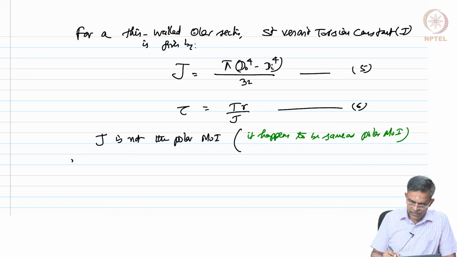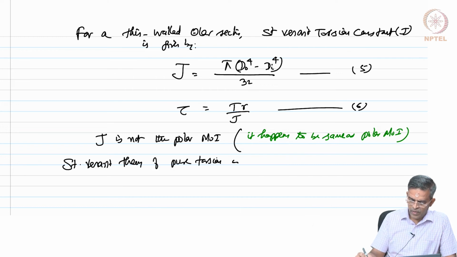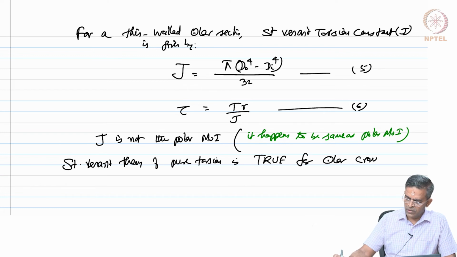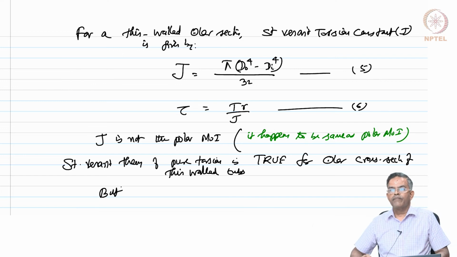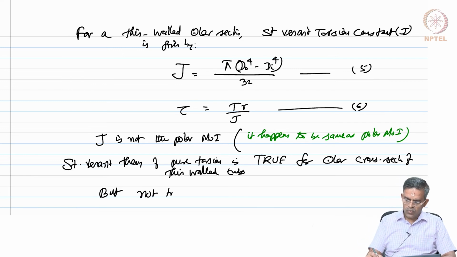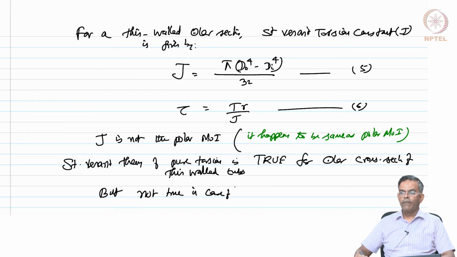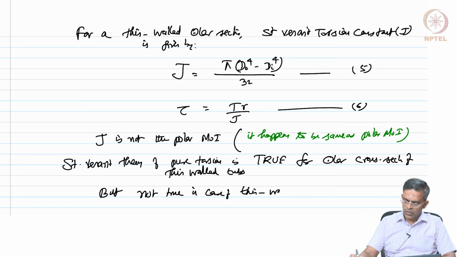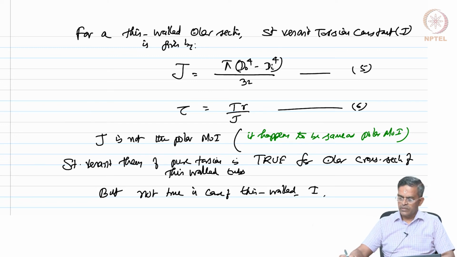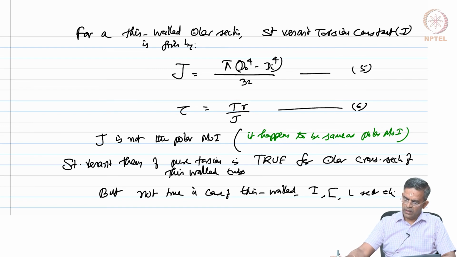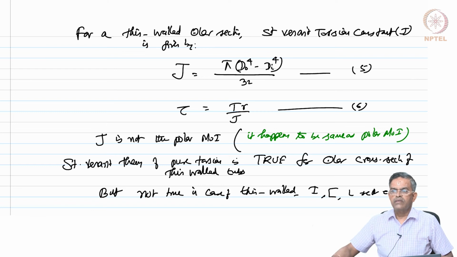So, Saint-Venant's theory of pure torsion is true for circular cross sections of thin walled tubes, but not true in case of thin walled I section, channel section, L section, etc. So, only for circular this is true.